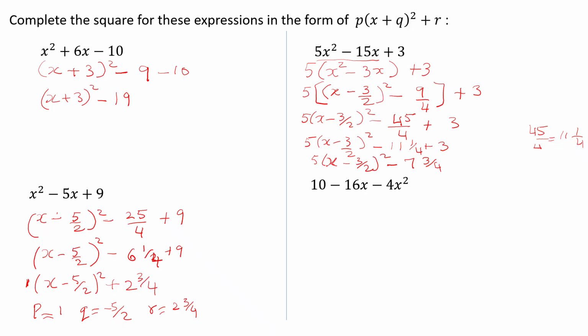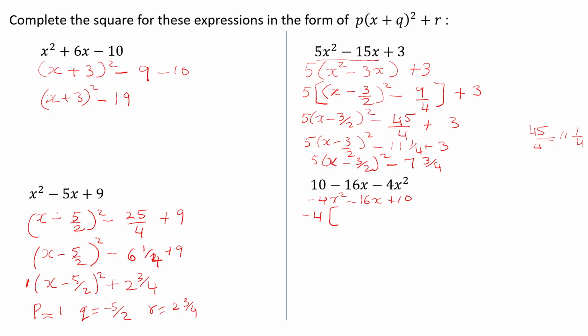Next one, 10 minus 16x minus 4x squared. Before I do the completing the square, I'm going to rewrite it as minus 4x squared minus 16x plus 10. Then I'm going to keep 1x squared, so I'm going to take negative 4 out of the bracket.